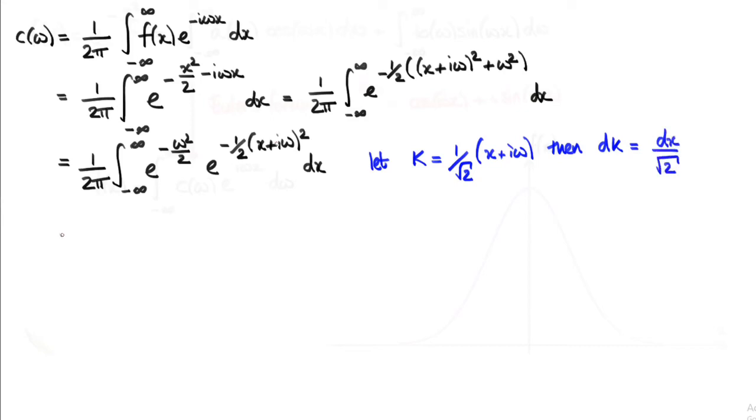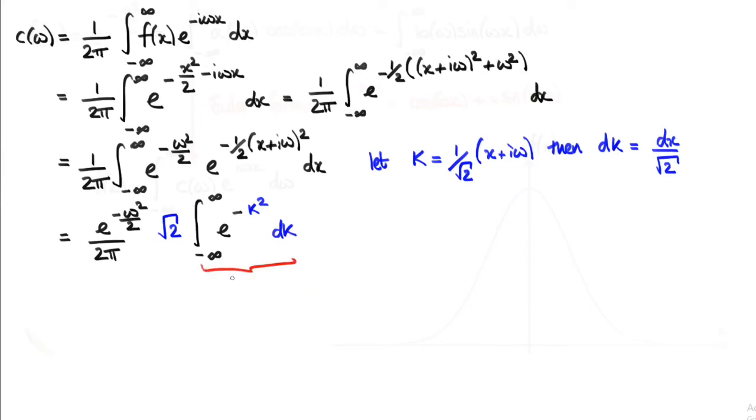And so, substituting that into the formula is going to give us 1 over 2 pi times e to the minus omega squared over 2 multiplied by the square root of 2, coming from dx equals root 2 dk, multiplied by the integral from minus infinity to infinity of e to the minus k squared dk. And this is a standard integral.